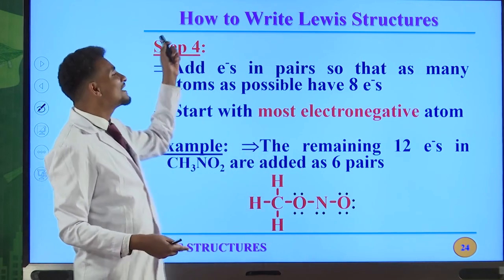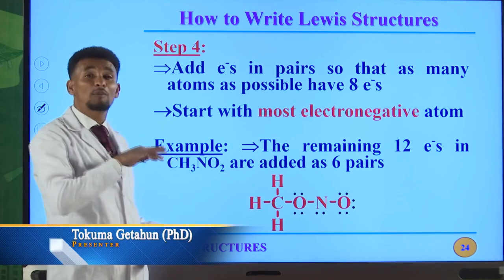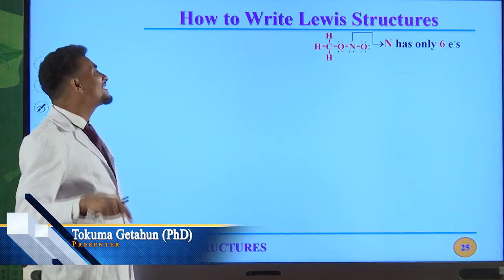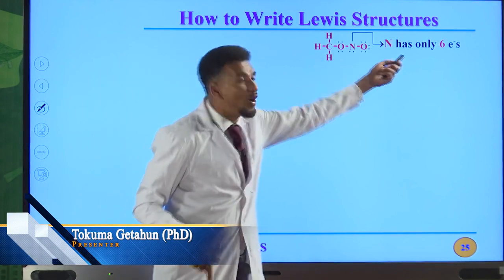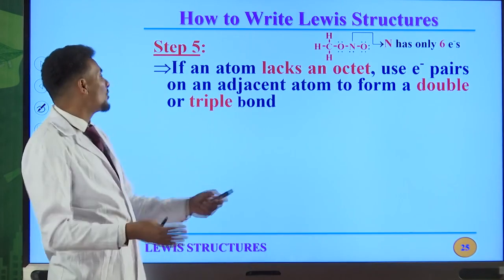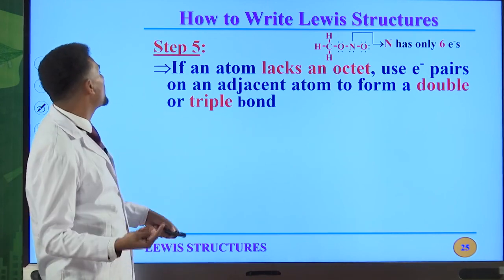So use the fifth step. What is the fifth step? Try multiple bonds, using the lone pairs on the adjacent atoms. Nitrogen has only 6 electrons, so to fulfill the octet rule, multiple bonds must be used, either double bond or triple bond.